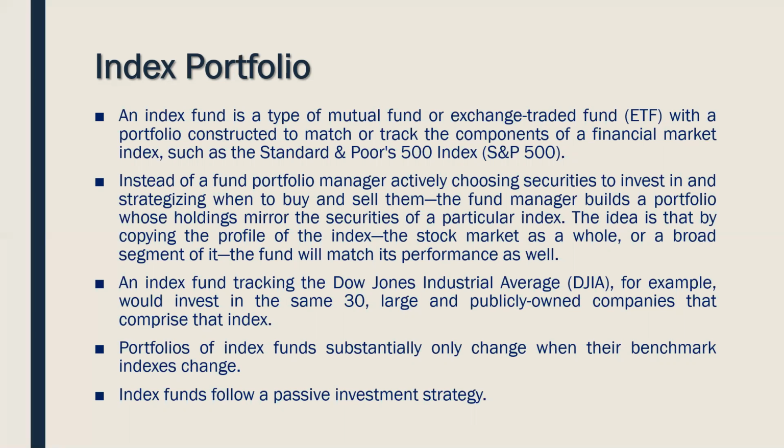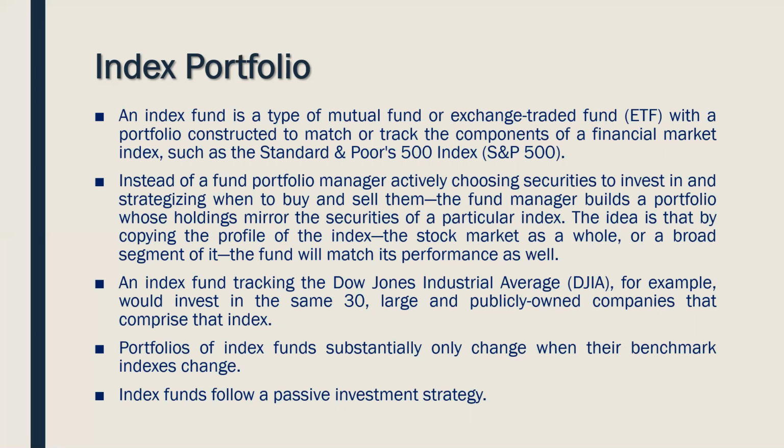So the ultimate expectation is that by copying the profile of the index, our portfolio will match the performance of the index. So it's a passive investment strategy where you will just blindly follow the market index. If more securities are added in the market index, we'll also add more securities.